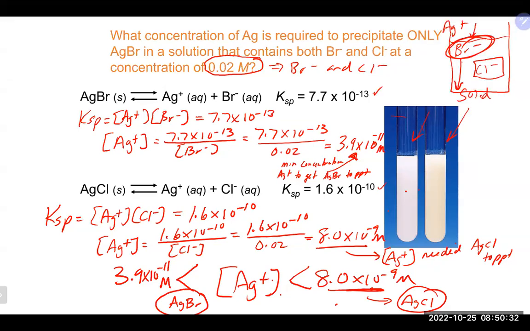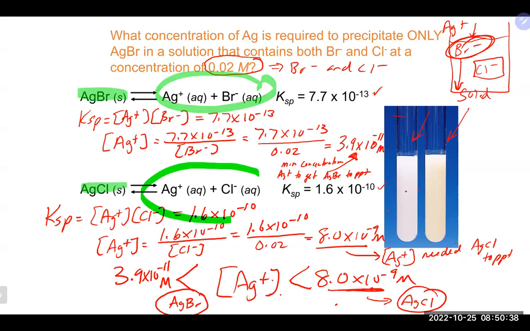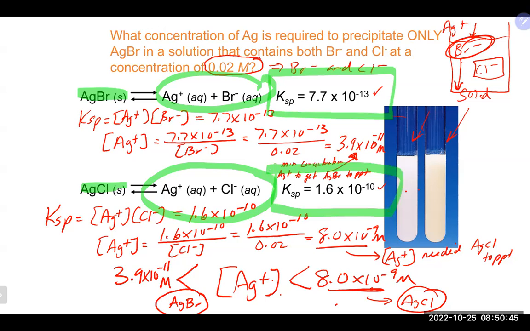So when we look at this one and this one, each breaks apart into 2 ions, which means we can directly compare the Ksp values to see which one is more soluble. The one that has a smaller Ksp value is the silver bromide in this case, right?